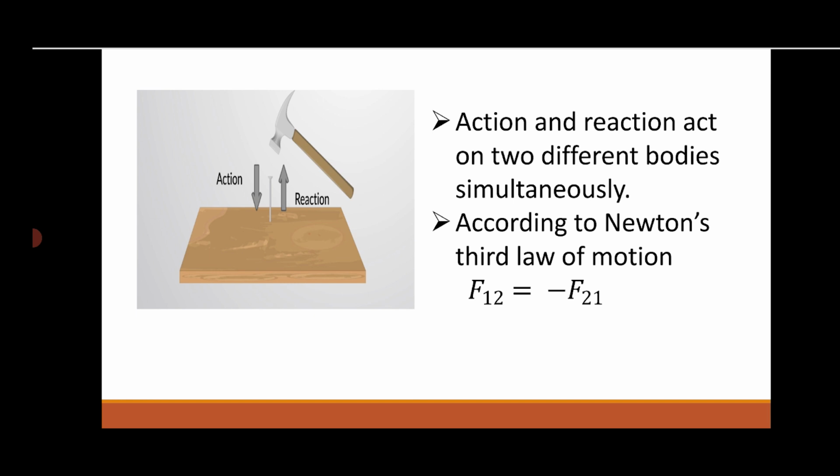But the reaction is that the nail pushes back on the hammer with an opposite force. We can write it as F21. It is the force exerted by the second body on the first body. As per Newton's third law, both forces are equal but opposite, so we put a negative sign.